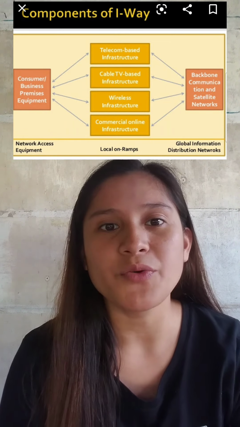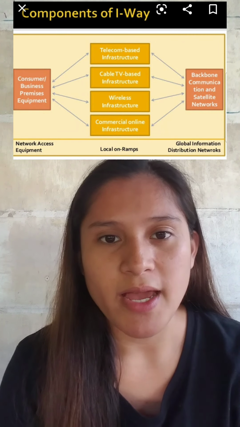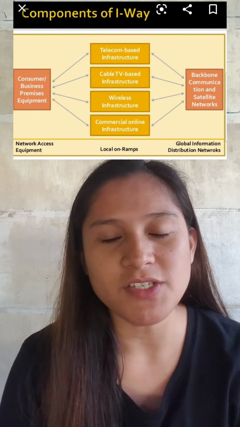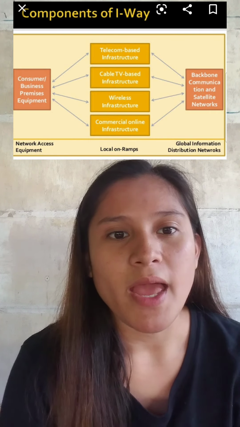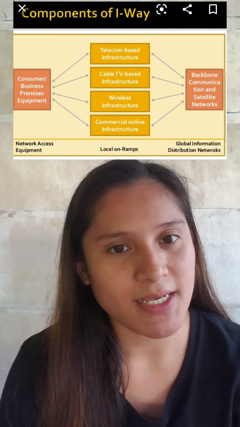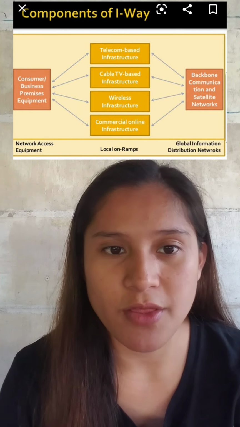Under local on-ramps, you can see the telecom-based infrastructure, cable TV-based infrastructure, wireless infrastructure, and commercial online infrastructure. And under global information distribution networks, you can see satellite networks and similar things. So, we'll see all these components in detail.